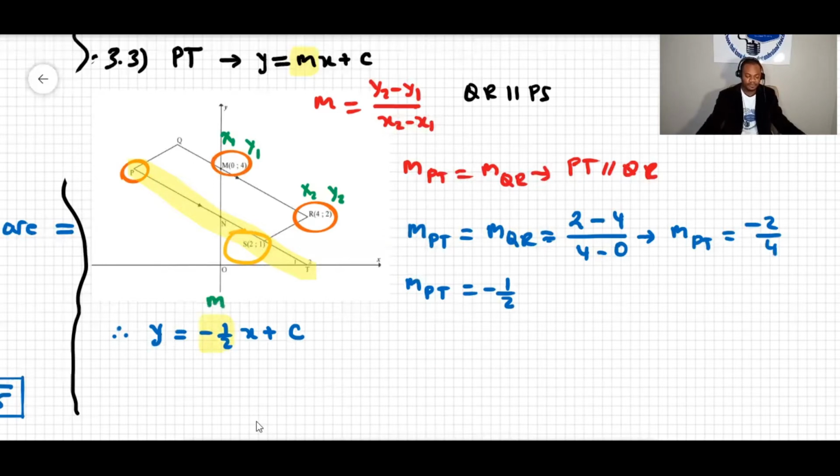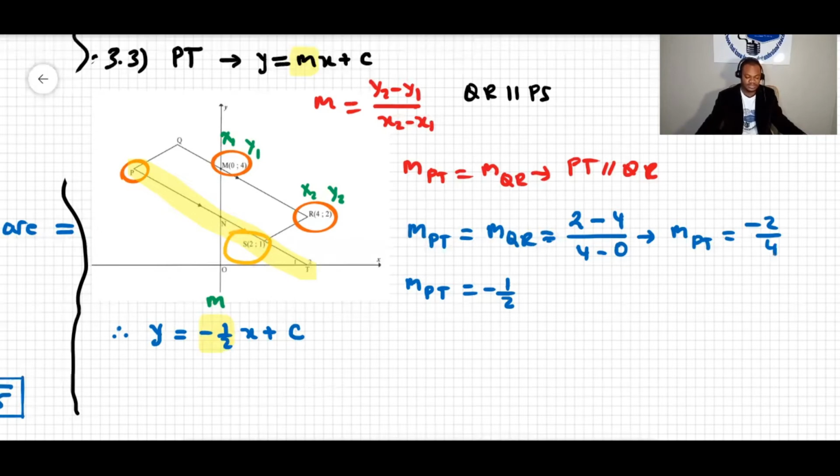Now to find c, we need to substitute a point in the line. The point S is given. The gradient is the gradient of this line, and we don't know what c is. c stands for the y-coordinate of the y-intercept. So I can substitute the point S into the equation to find c.